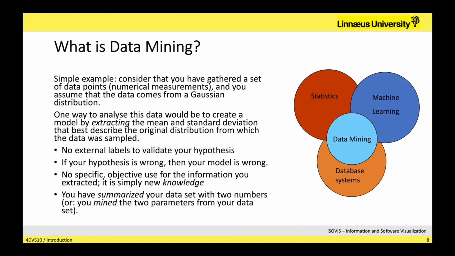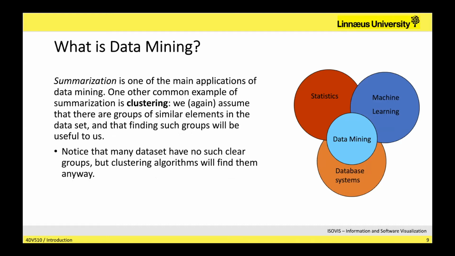So for example, in this case with the Gaussian, if the assumption that the data comes from a Gaussian distribution is incorrect, so if the distribution is, for example, heavily skewed, or if it has multiple peaks or something like this, then your model will be wrong, because one mean and one standard deviation will not be enough to explain the shape of your data. So these are things that we must always keep in mind, because sometimes you just assume, and sometimes you don't know, and you just make the best out of the situation.